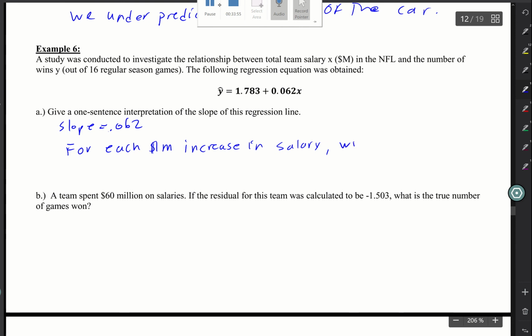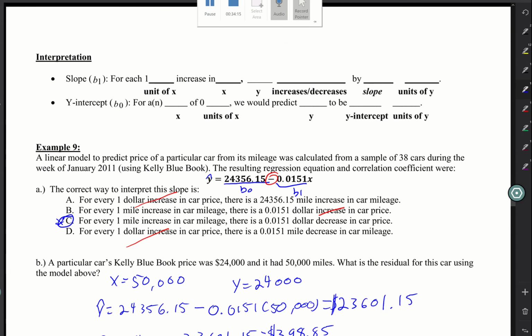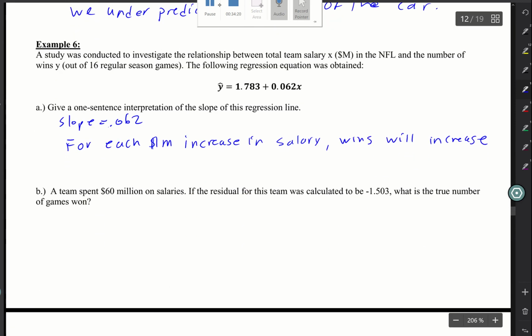So our wins will increase, and we want to go back because it says we want to increase by the slope and the units of our Y. So we're going to increase by 0.062 wins.